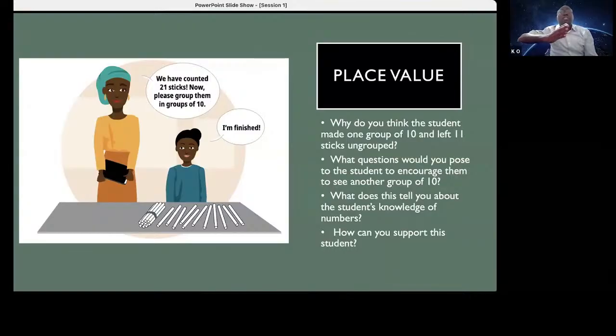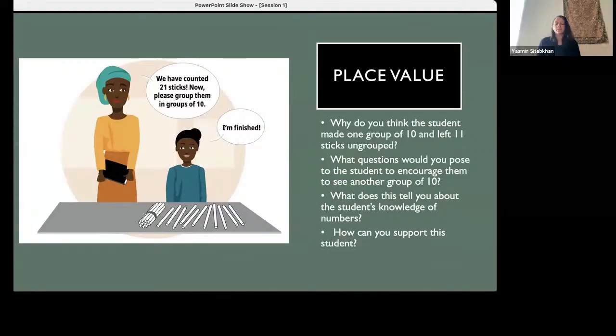The child is just interested in looking at a group of 10. But then, because you're asking what question would you pose to the student to encourage them to see another group of 10? Probably a question right away would have been, how many tens can you make from these sticks or straws? The total number.